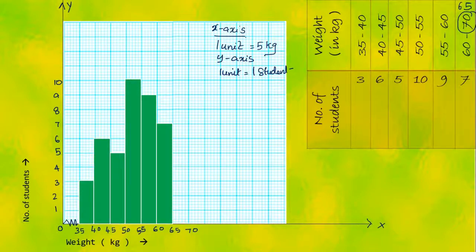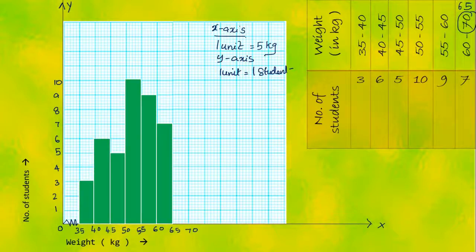But we have to construct frequency polygon. To construct frequency polygon, we are going to find the midpoint or class mark. Did you remember what is class mark? Class mark is the value midway between its actual lower limit and the upper limit. Here, let's consider the first interval 35 to 40.